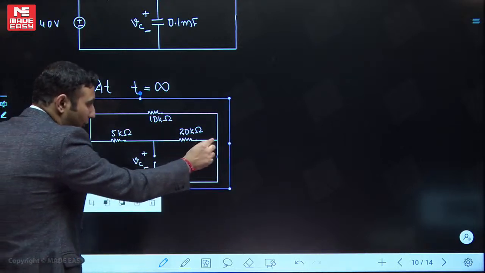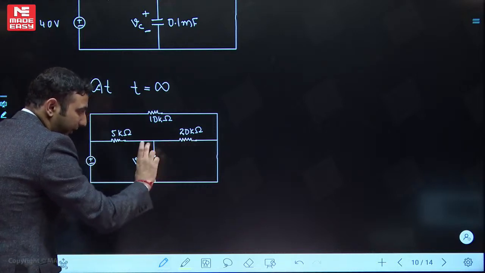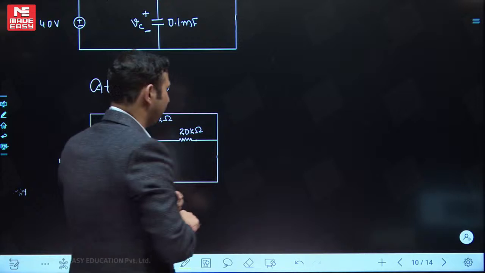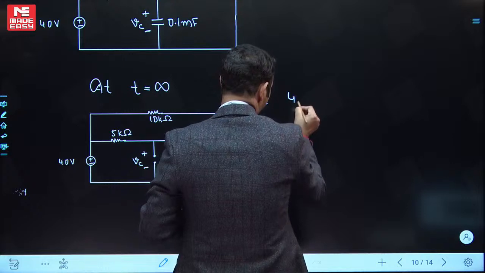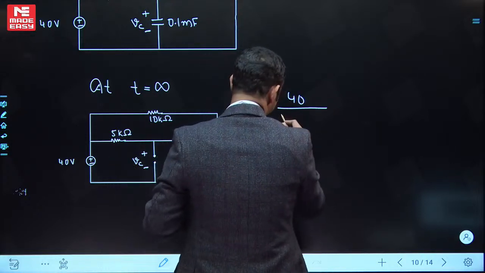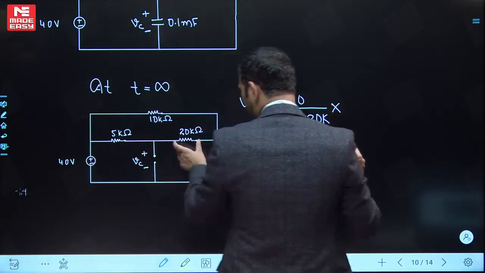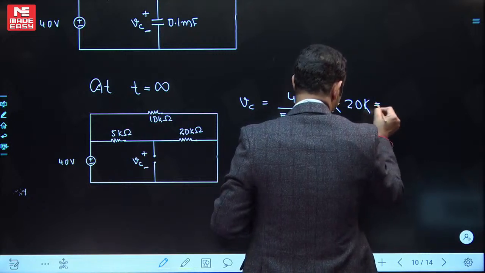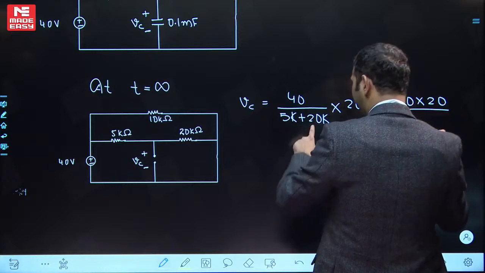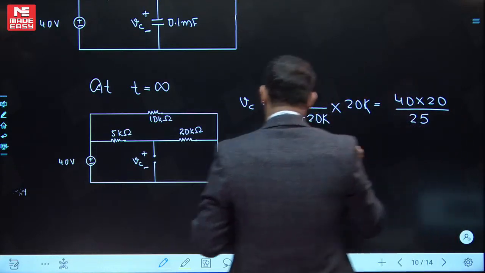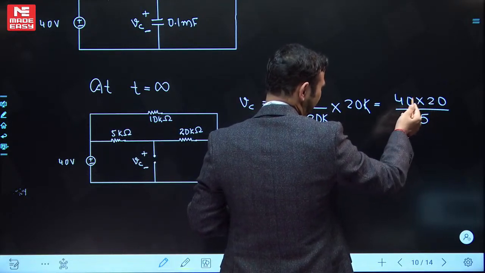It means the voltage across this whole branch will be 40. By using voltage division, whatever voltage will be across 20 is the same as Vc. So Vc will be equal to 40 divided by 5k plus 20k, multiplied by 20k, which can be further written as 40 multiplied by 20 divided by 25, k cancelled, which is 5, 4, 8, 32.